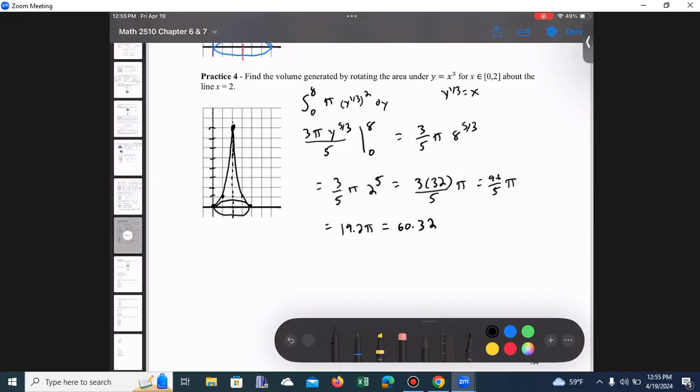Actually, I made a mistake. I did this as if we're rotating over the y-axis. We are rotating this over x equals 2. We didn't do the radius right. For the radius here, you have to subtract 2 from it.